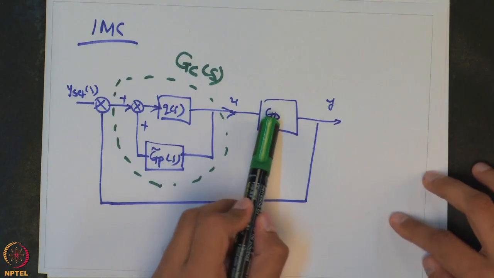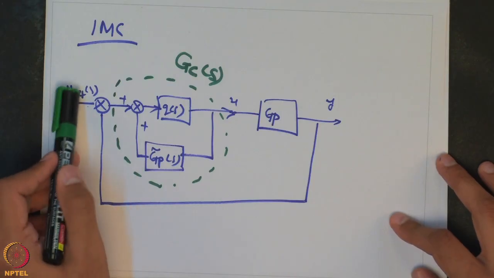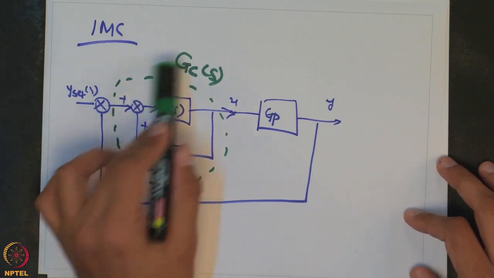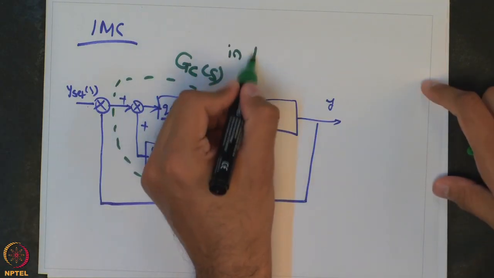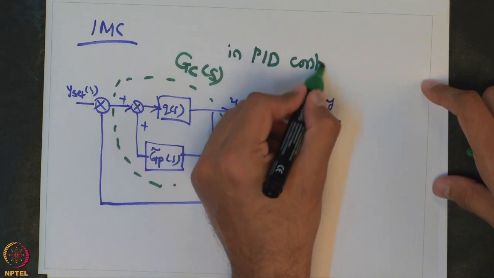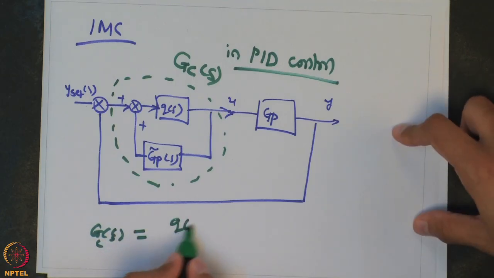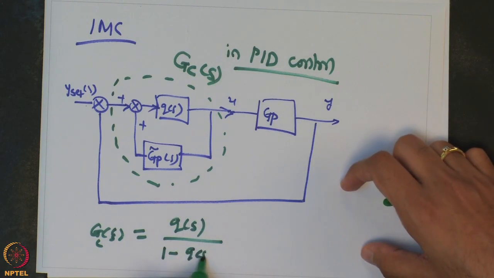So, you have a process transfer function, you have a y, you compare it with the set point, you get an error, and then your controller works on the error. So, this is same as a Gc in the PID control. In this case, this Gc(s) is actually equal to Q(s) over 1 minus Q(s) Gp tilde(s).